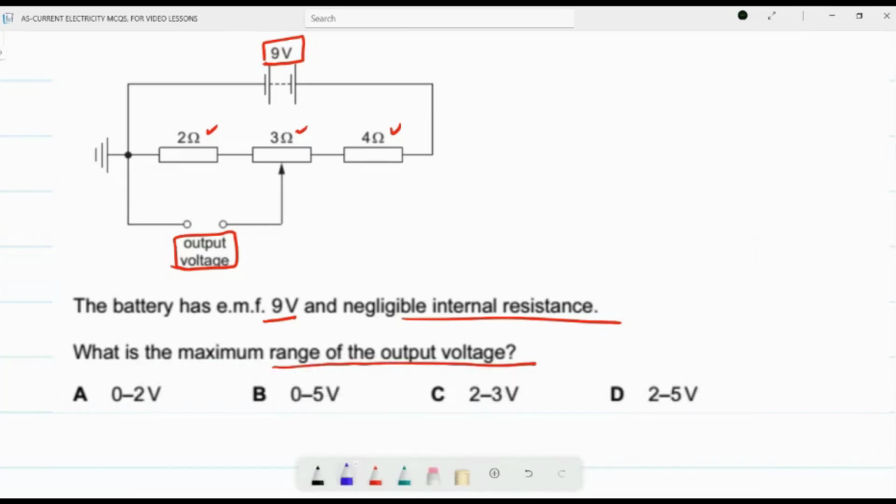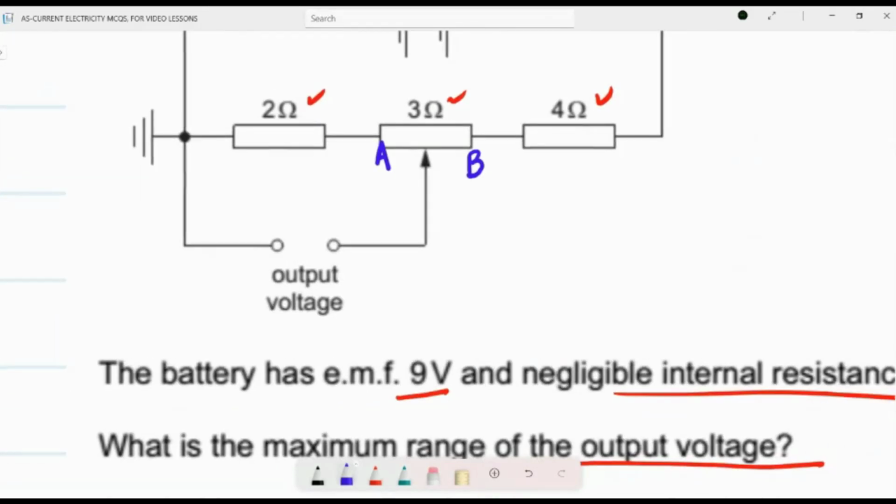So here, what you have to do is find out what the minimum voltage and the maximum voltage are. So I can say that when this slider is connected across point A, what will happen when it is connected across point B? Because the slider can only move between these 2 points.